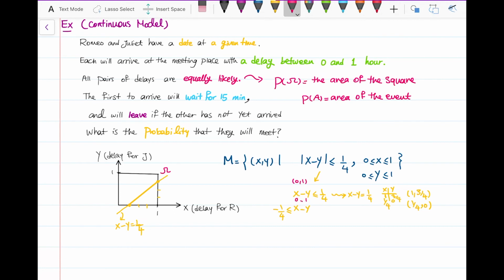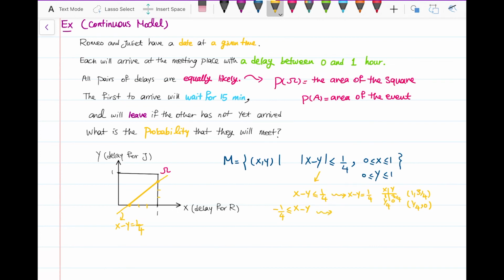So x is 0, y is 1, so negative 1 is less than 1/4. Check. Therefore, all the area here would be my inequality. Okay, let me erase these just to clean up a little. So remember that this part above this line is the area for this inequality.